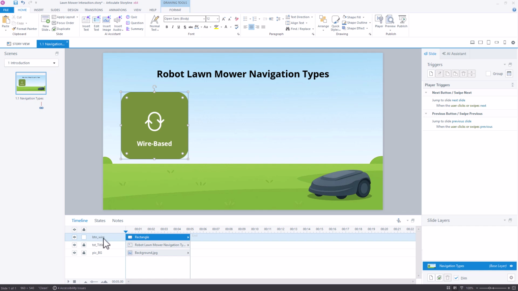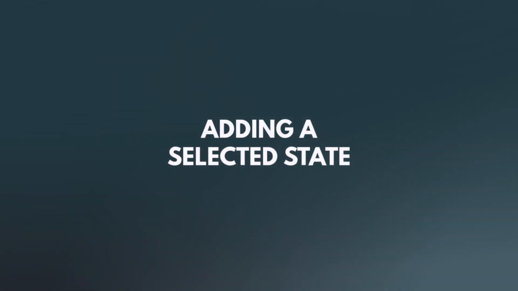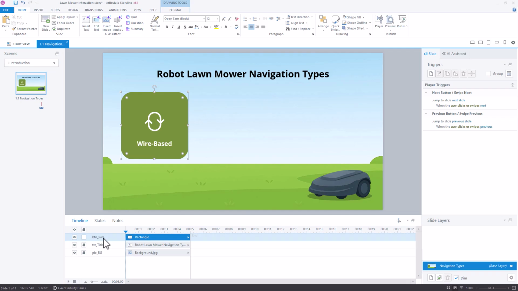Now we need a way to indicate which button is selected. And here's something I didn't know when I first started. You don't have to create a trigger for every visual change, because in Storyline we have something called built-in states. I will show this to you.